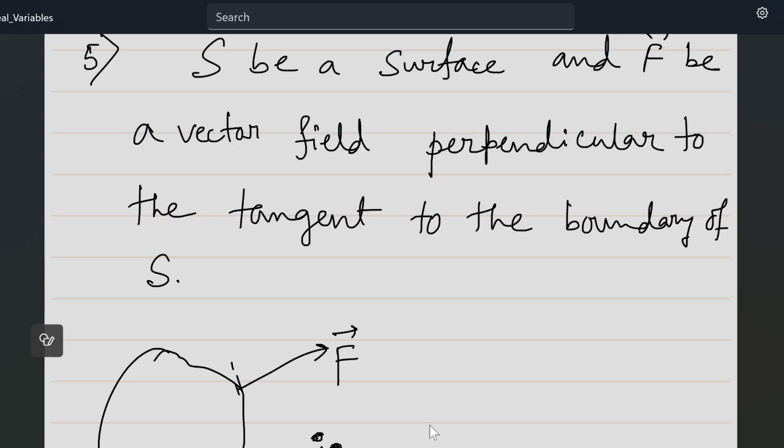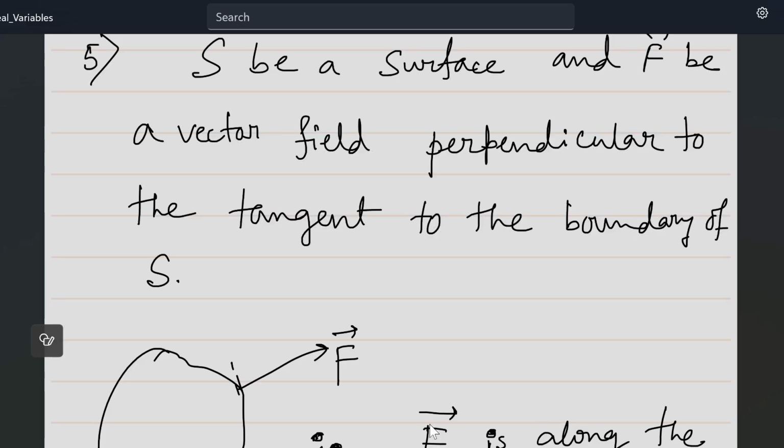That means the grad function gives us something which is perpendicular to the original field. Now, if this is already perpendicular, then that is in the same direction. That means F is along the normal of the boundary.